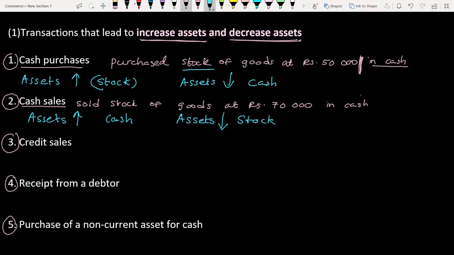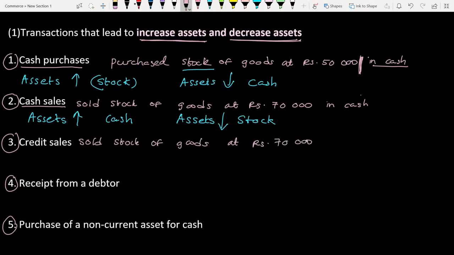Right. The next transaction is credit sales. Cash sales, and also credit sales, lead to increase assets and decrease assets. Now, how do we write a credit sale? Sold stock of goods, let's say at the same value, at rupees 70,000.